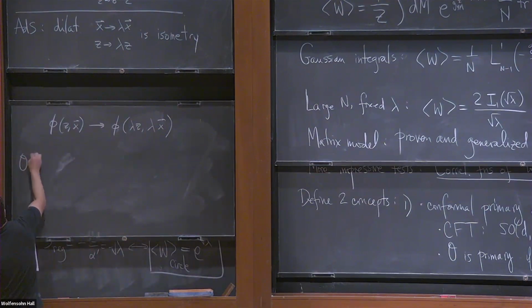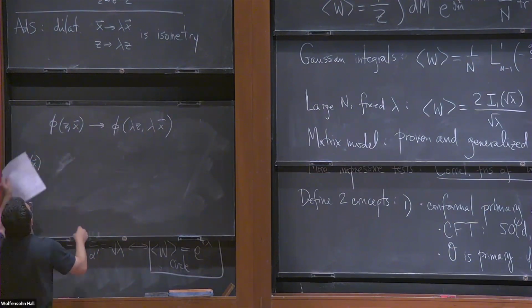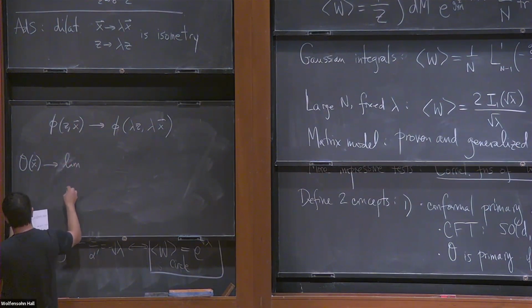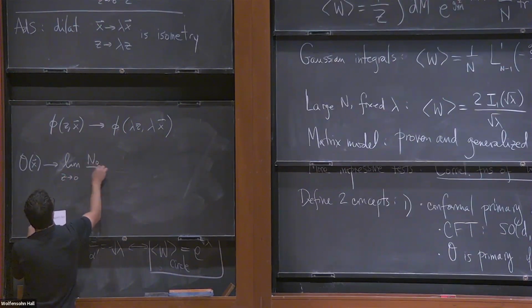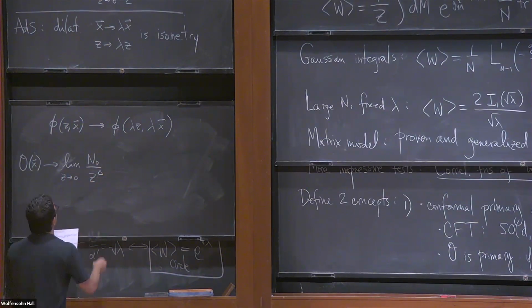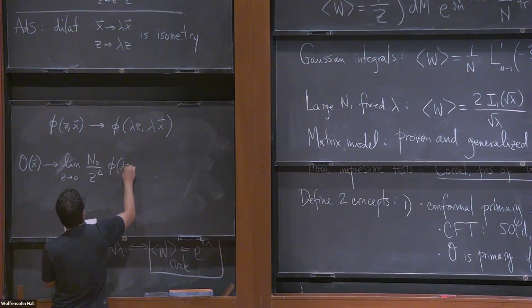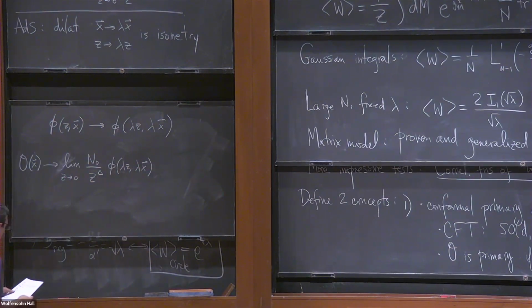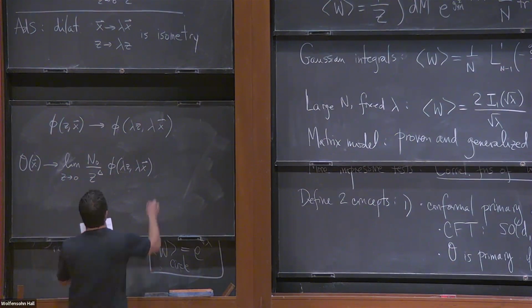So if I have O of x defined by that equation, under the change x goes to lambda x, z goes to lambda z, this becomes the limit when z goes to 0 of 1 over z to the delta times phi at the changed location, which is lambda z, lambda x. And then, it's a limit, so z is a dummy variable.